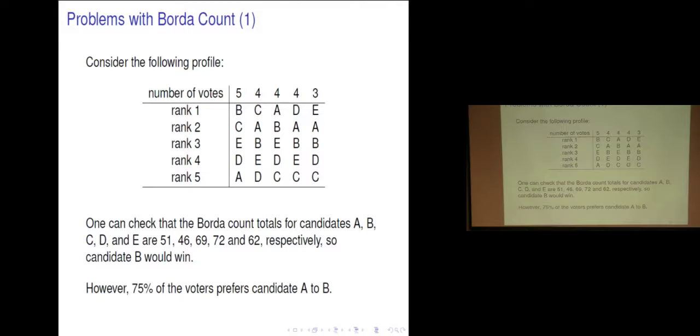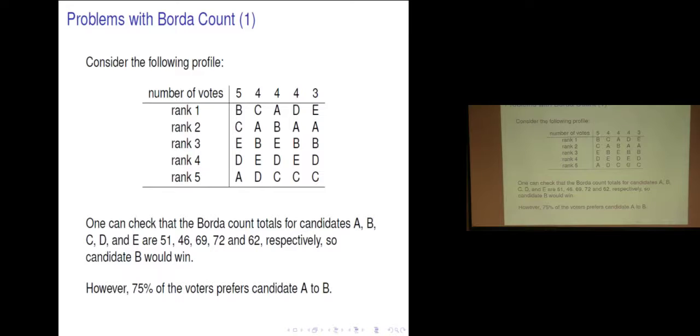Okay. Now, however, if you look at this, there are 70% voter prefer A to B. Why? Because so there are 3 person here prefer A to B, 4 person, so there are 7 person already, another 4. So this is 11 person, and then another 4, 15, right?